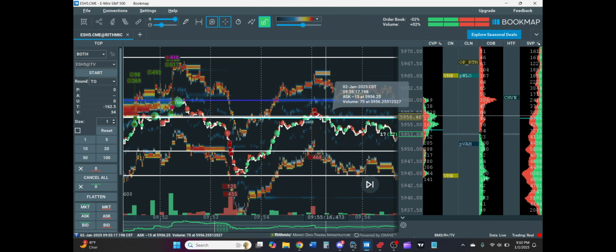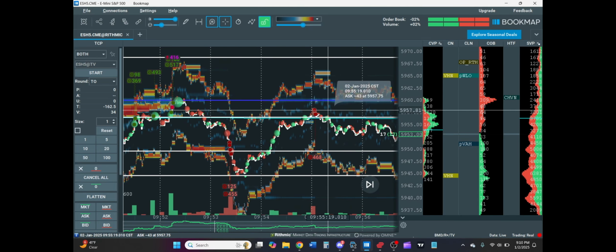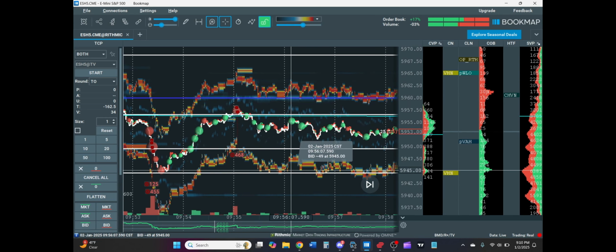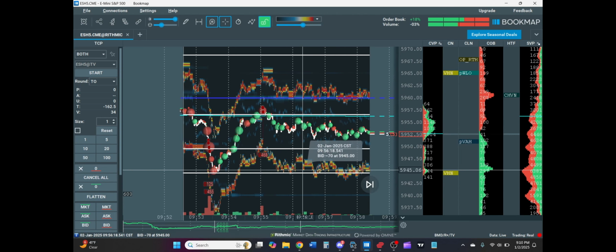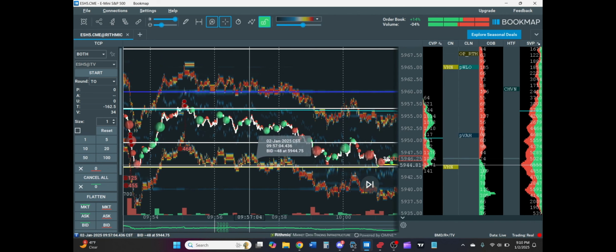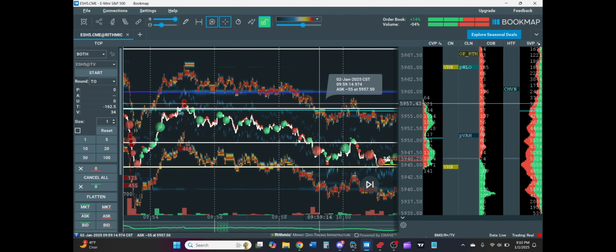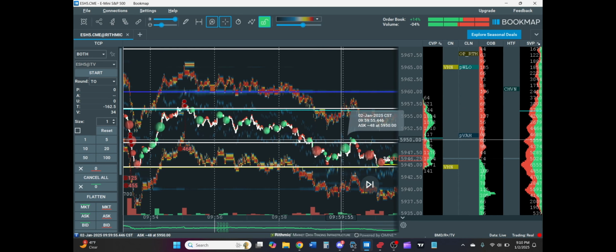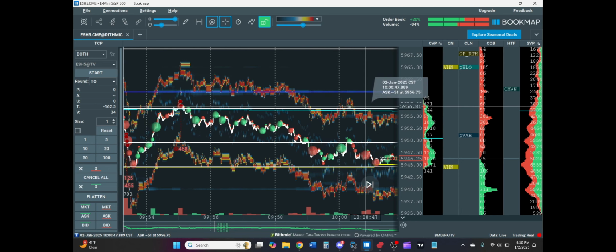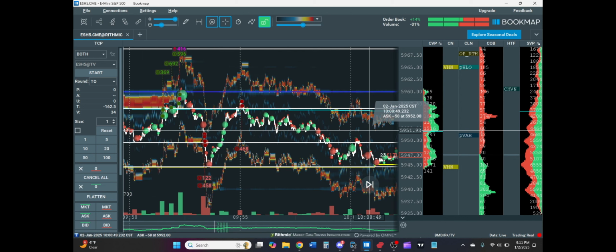Another opportunity here. And we're getting back down to VPOC. That's a 10 point, so that's even better risk to reward. So that would have been, not trade recommendation, but 10 points. I mean, 56. Yeah, that's a good trade. 10 points.